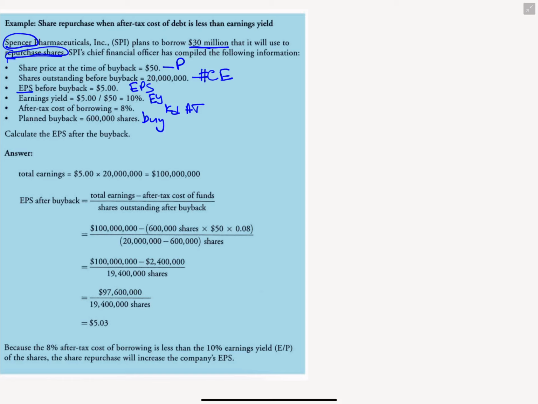So here, let's discuss what earnings per share is. EPS means net income over the number of common equity holders.